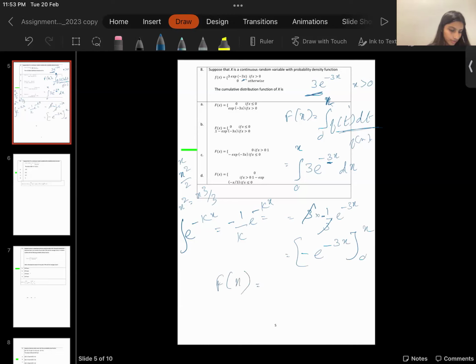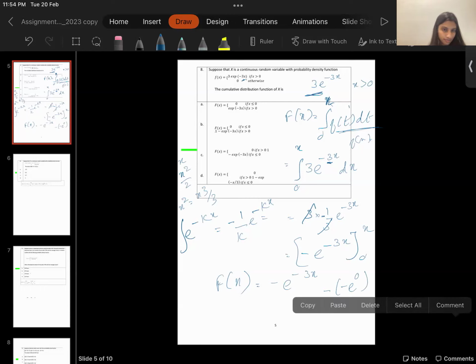So F of x is equal to, instead of x you substitute x and 0. So it would be minus e power minus 3x, and again minus e power minus 3 times 0, which is anyway 0. e power 0 is equal to 1. So this term becomes plus 1.